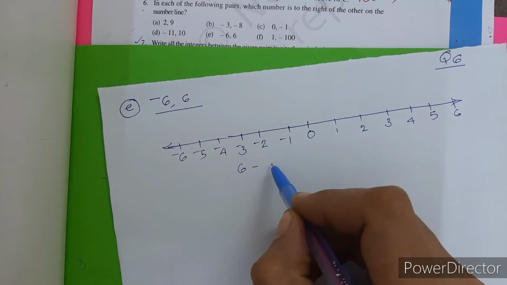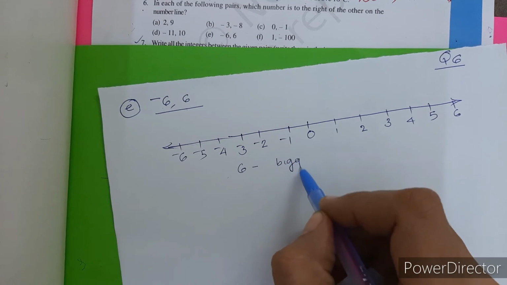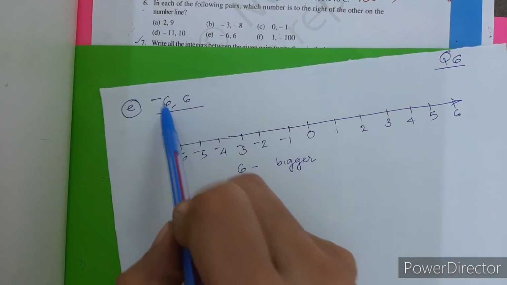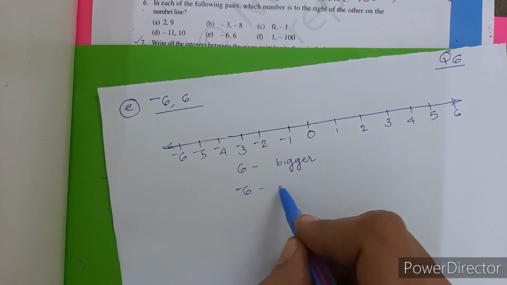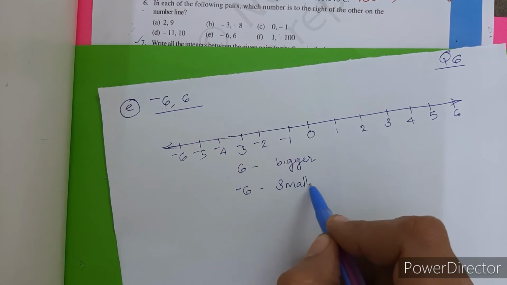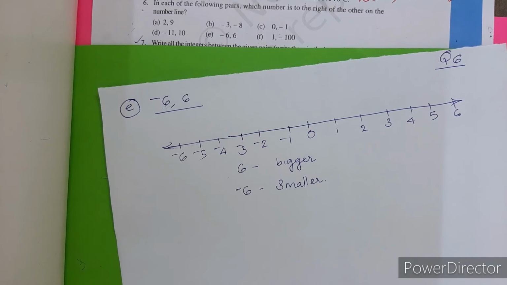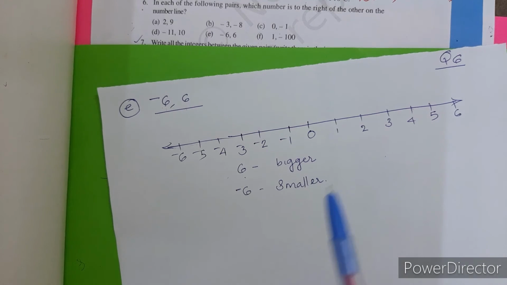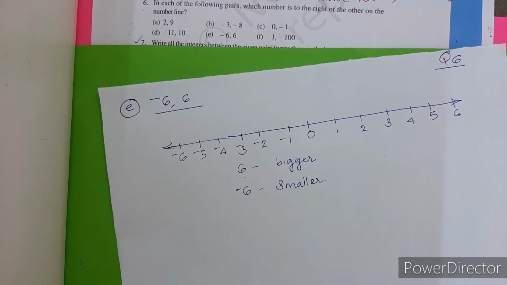Okay children, 6 is the bigger one and minus 6 is the smaller integer. Then the rule is the bigger number or integer is right to the smaller one. So obviously 6 is present on the right side of minus 6.